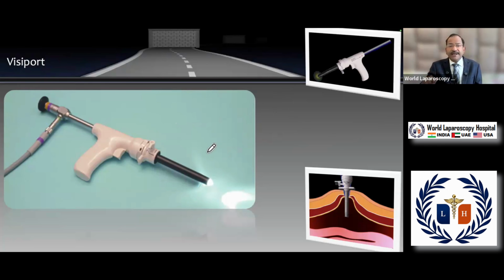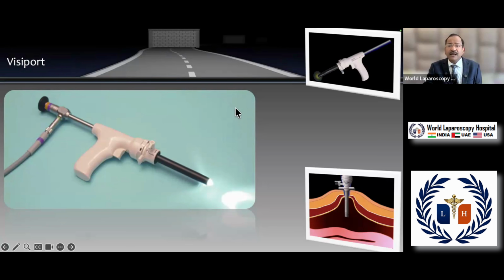So FDA banned it. After that they requested the FDA to allow them to sell, telling their users to use it after doing Veress needle, after creating pneumoperitoneum. Then FDA said, okay, if the pneumoperitoneum is already created, then it is safe.